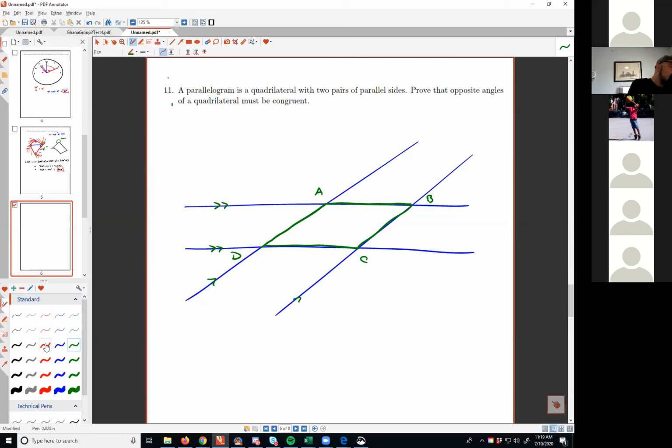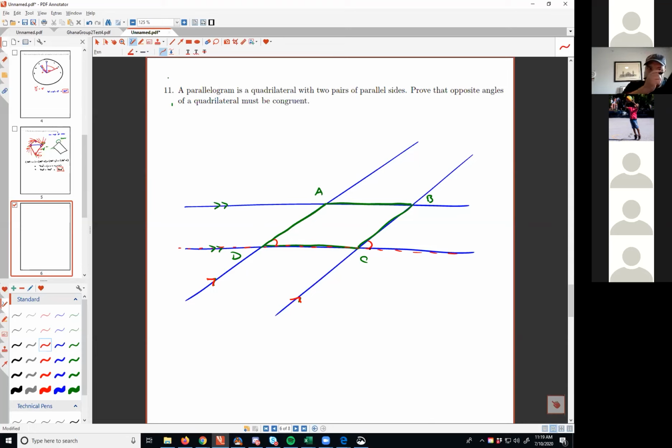Okay, well, if we start with this one right here, we know that this line CD is a transversal to line AD and line BC. And so we can say the corresponding angles are equal. So those two angles right there are equal.